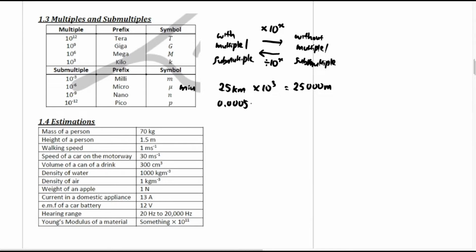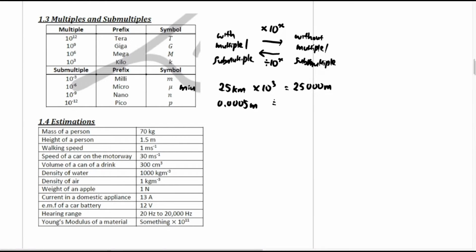Another example, let's say you have 0.0005 meter. This is the one without submultiple. If you want to put submultiple to it, you have to divide by 10 to the power of something. So let's say I put 10 to the power of -3.